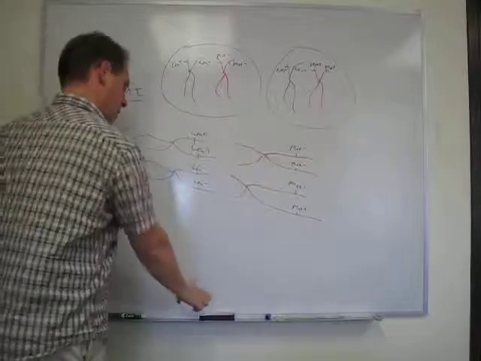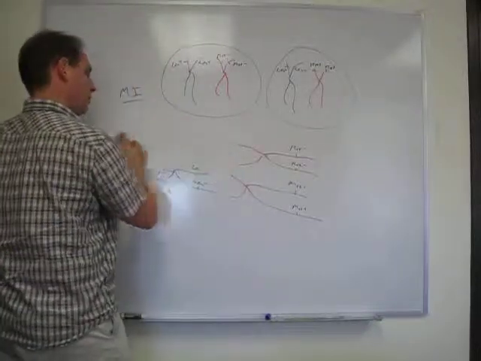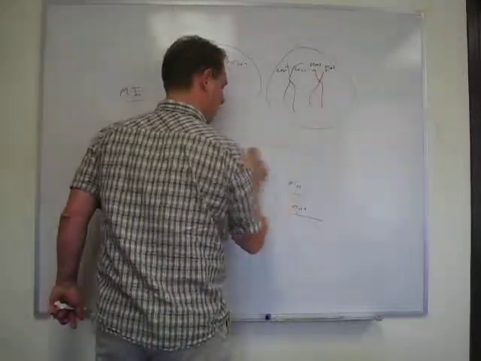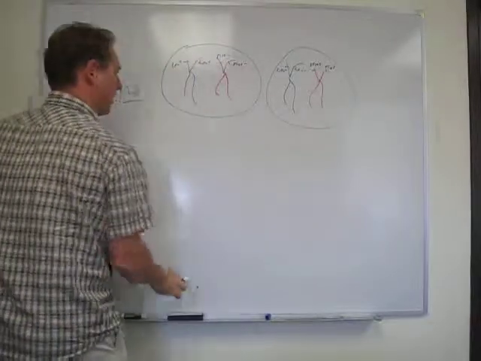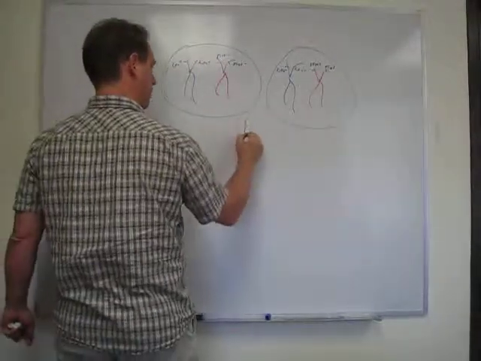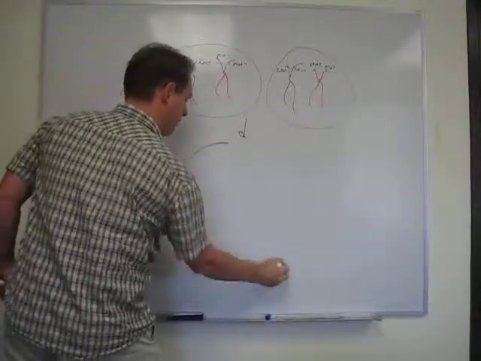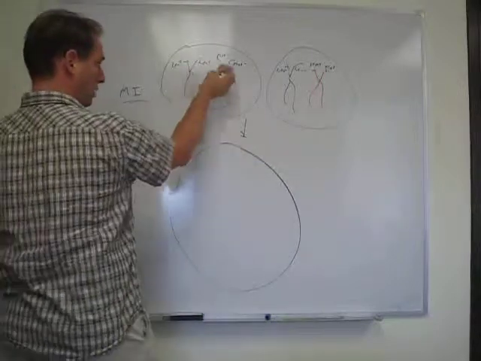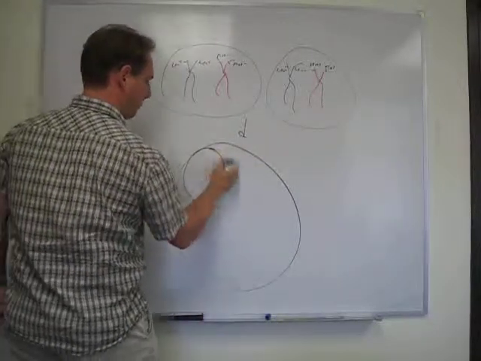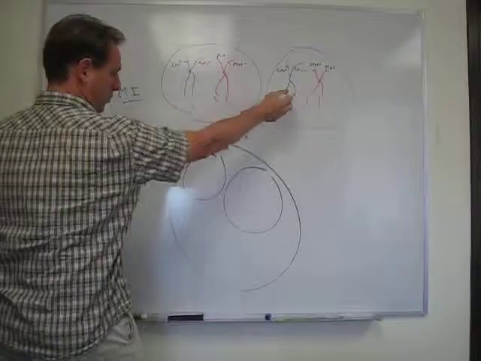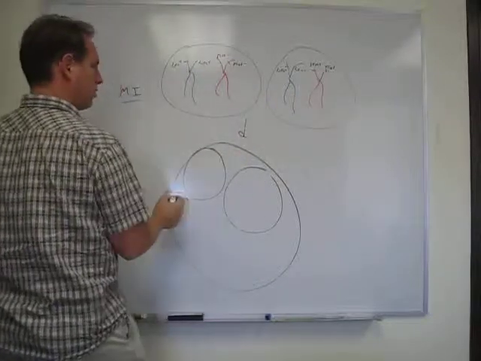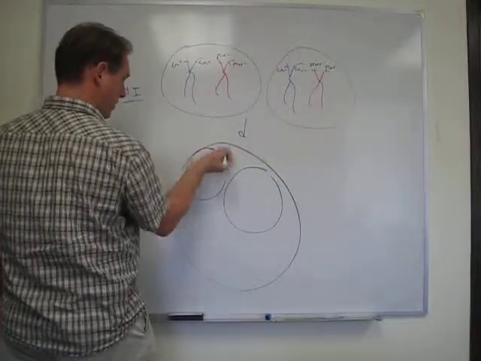Now, if you then undergo the second round of meiosis, this will segregate into four haploid products inside the large tetrad. Both of these would have the same genotype, and both of these would have the same genotype. So I'm going to draw the genotypes now as the haploid products.